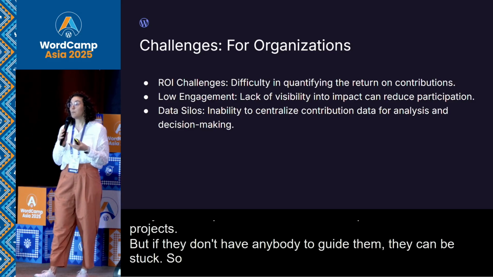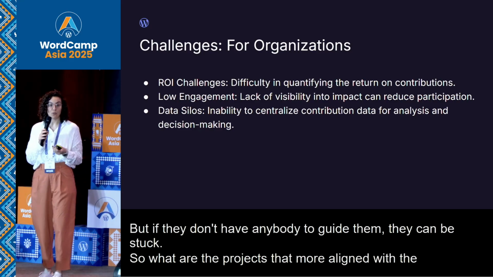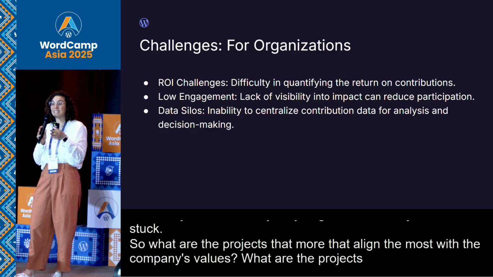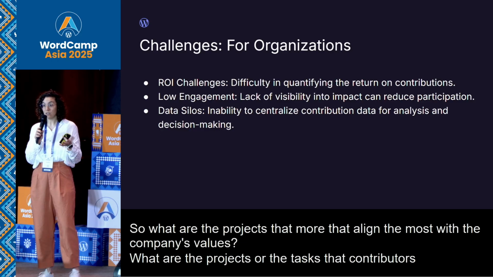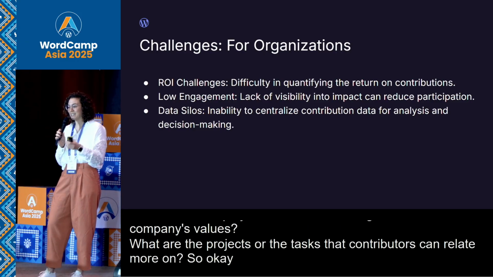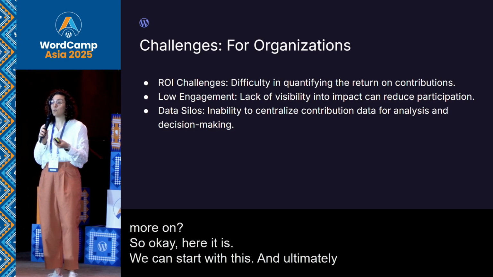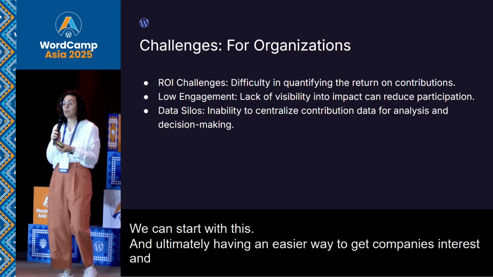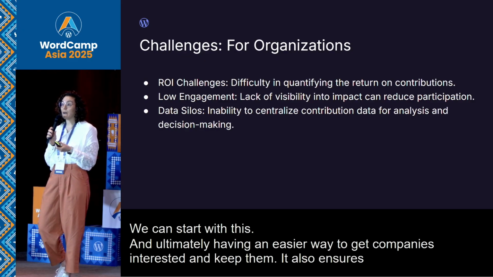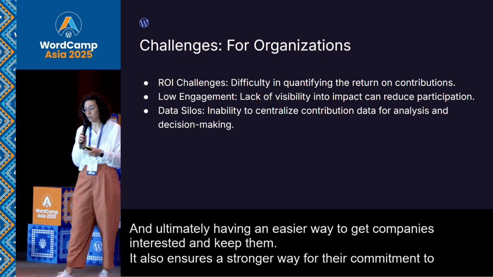So what are the projects that align the most with the company's values? What are the projects or tasks that contributors can relate to more? So, okay, here it is. We can start with this. And ultimately, having an easier way to get companies' interest and keep them also ensures a stronger commitment to the WordPress project.